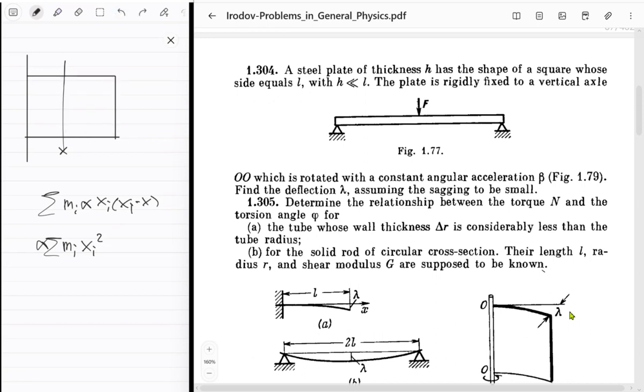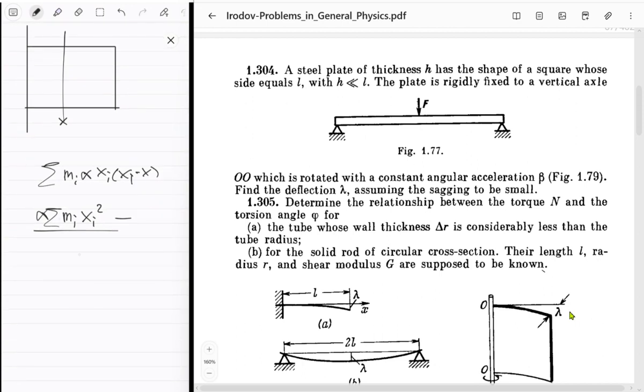Wait, no, x_i is for each of these points, so that's not the same thing. Oh, this is just the moment of inertia about this axis, actually. Wait, we are getting somewhere. This is just the torque on this complete thing. Oh yeah, sure. And then you also got this minus term. So x_i is common, just alpha x_i summation of m_i.